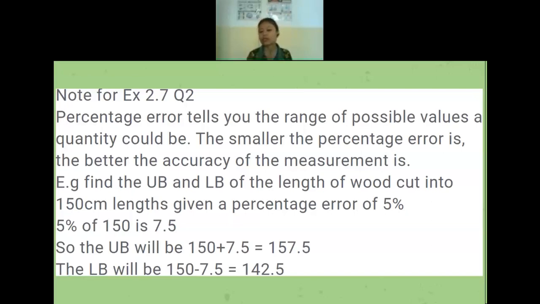When you already have the 7.5, you know that the upper bound will be bigger compared to the given number. That's why to find the upper bound, I need to add it. 150 plus 7.5 equals 157.5. And for the lower bound, the number will be smaller, so I subtract it and it becomes 142.5.